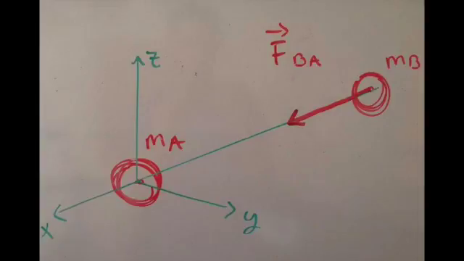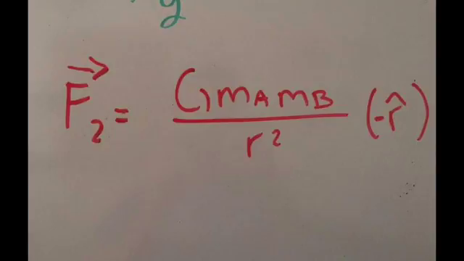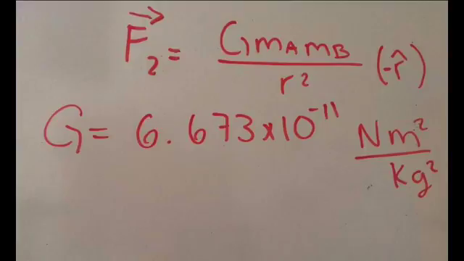So we know that mass B has an interaction force, and we're going to write it as F of B acting on A. So it's going to be a force vector, and in lowercase we're going to write B A, because it's the interaction of B and A, not from A to B, from B to A. Then we're going to write our formula, and here is something very important, because here we are going to know the real value of the gravitational constant, which is given by 6.673 times 10 to the minus 11 newton meters squared per kilograms squared.